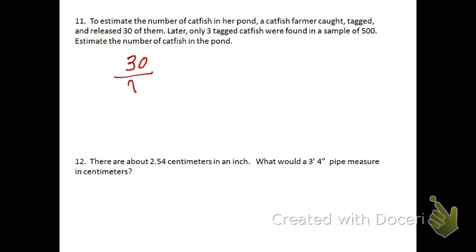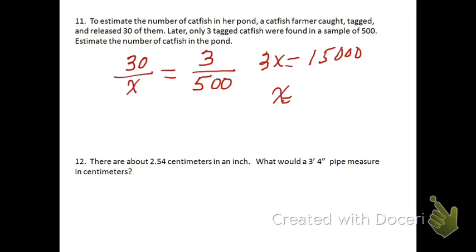Well, we don't know the total population, so that's our unknown. We do know that they got 3 tagged ones out of the 500 they caught. So again, cross multiplying, we know that 3x is equal to 15,000. Divide both sides by 3. So this pond holds 5,000 catfish, approximately. It's a lot of fish.